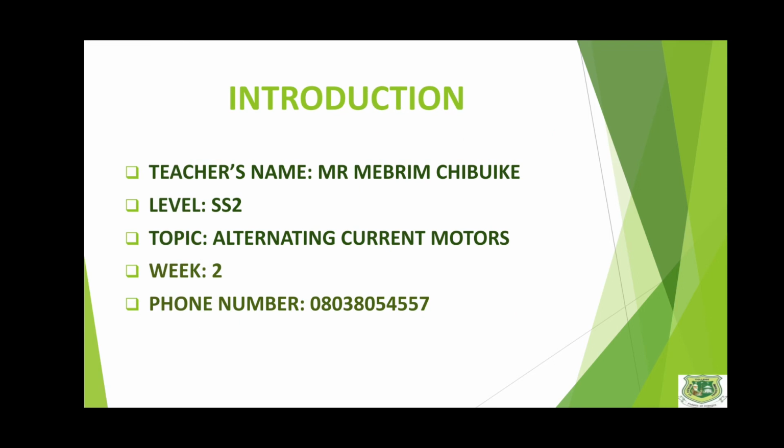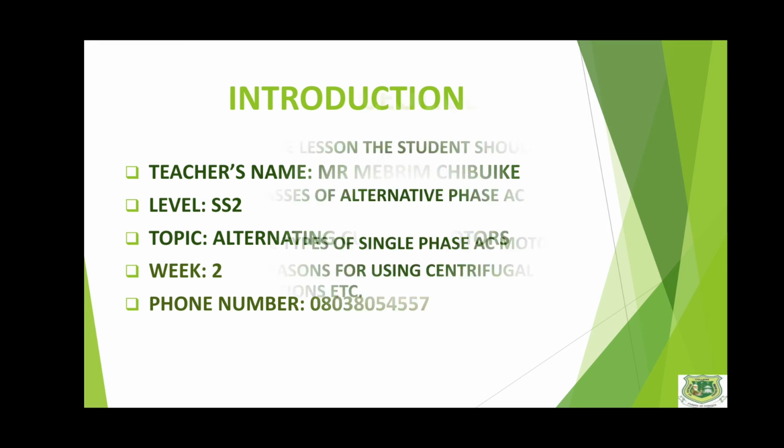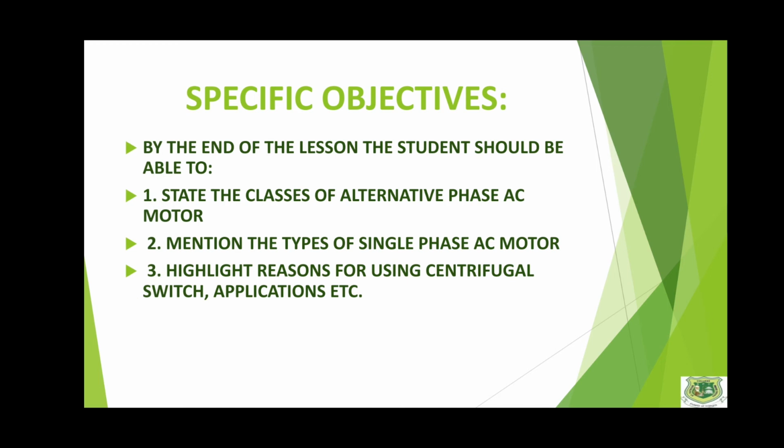Our topic for today is alternating current motors. The specific objectives of this class are: at the end of this class, you are expected to be able to state the classes of AC motor.